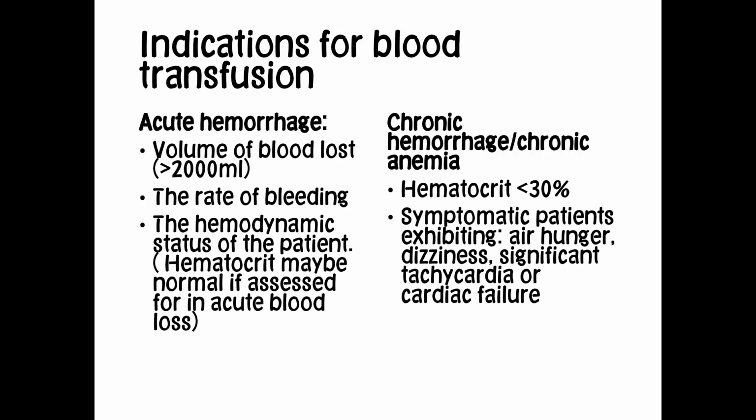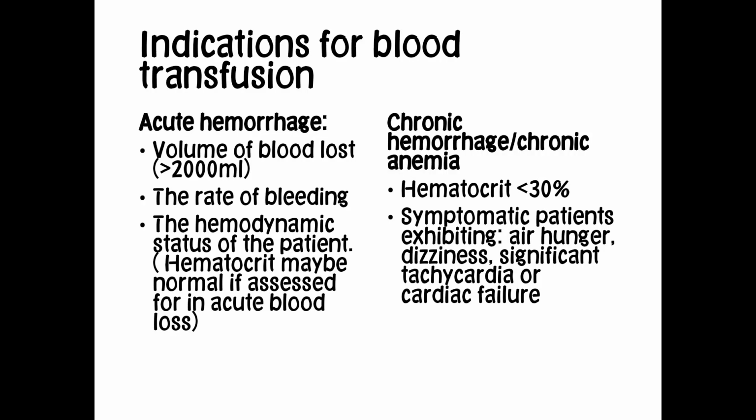In other cases, transfusion may be indicated when the hemodynamic status of the patient has been compromised. If the patient has low blood pressure, the mean arterial pressure is less than 40%, or the patient has tachycardia, tachypnea, or hypotension, then you may need to transfuse blood as fast as possible.